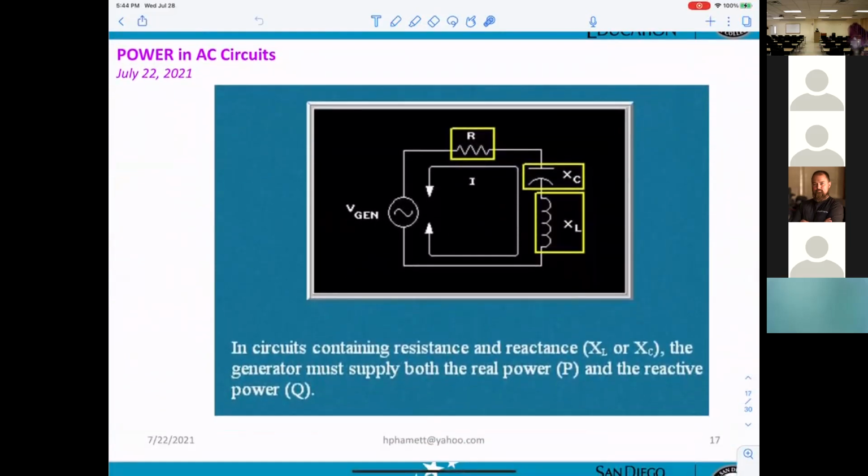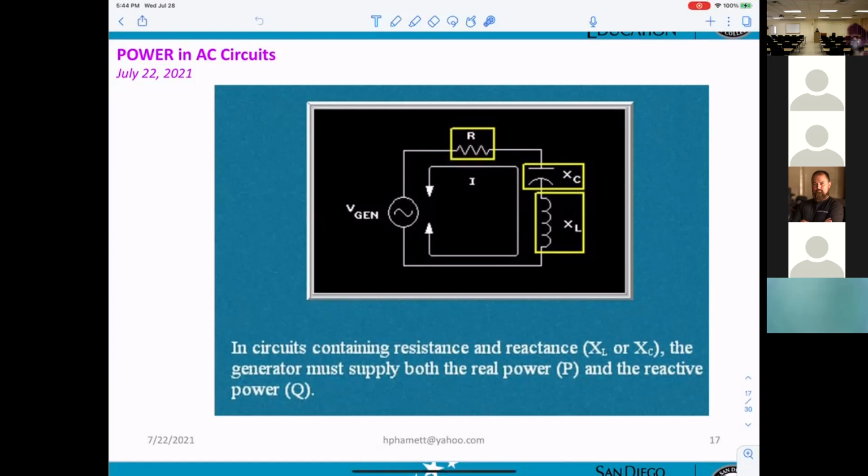This circuit contains a resistance, a capacitor, reactance XL and XC. The generator must supply both real power for the resistor and reactive power for the capacitor and the inductor.